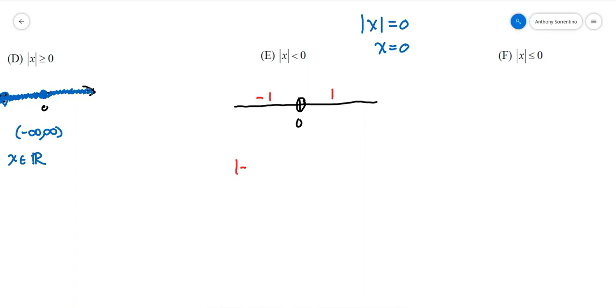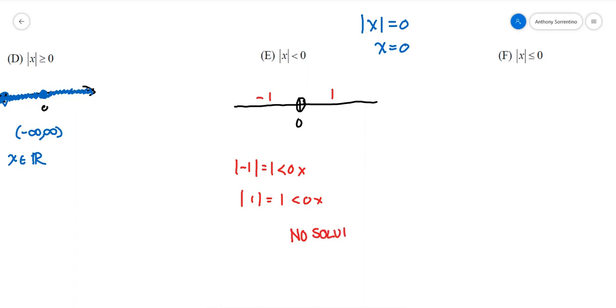Again, the absolute value of -1 is going to equal 1, which is that less than 0? Well, no, it isn't. So I don't shade that part. Same thing with 1. So I don't shade the right, I don't shade the left, and I have an open dot at 0. So this would be an instance where I have no solution.